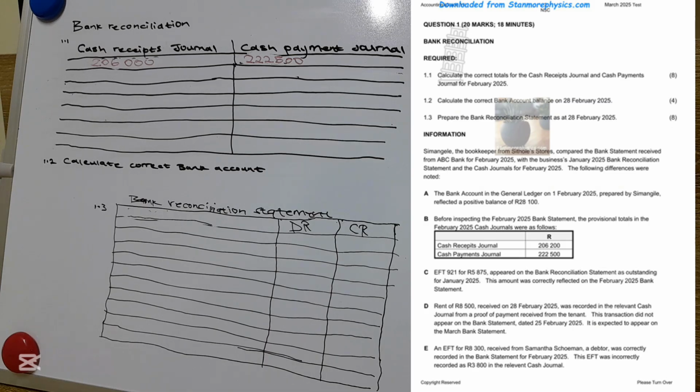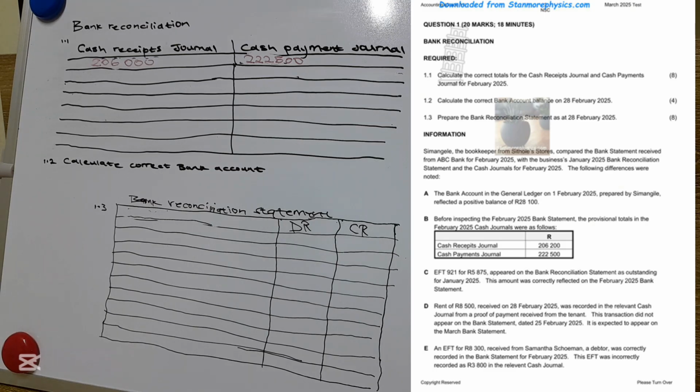Here we are going to calculate the bank balance, which we are going to record on the bank reconciliation at the bottom, which is 4 marks. And then 1.3 says prepare the bank reconciliation statement as at 28 February 2025, and it's 8 marks.